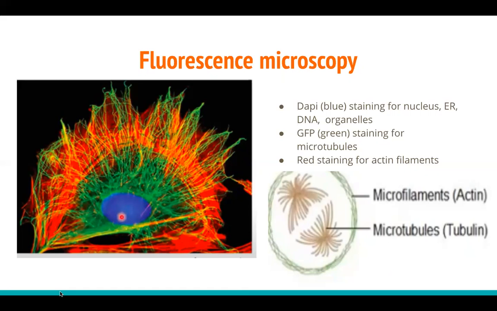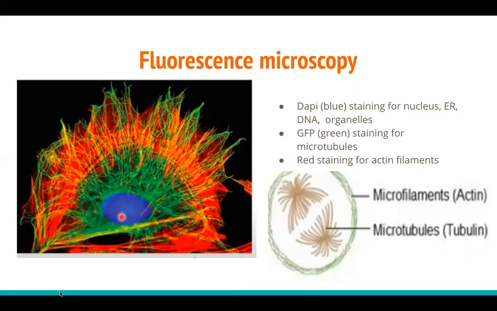You can see that in the picture on the left, right? The nucleus is blue with all the microtubules surrounding it. And just like in the picture on the right, you have the actin surrounding it. So it's kind of cool to really see how the makeup is inside the cell.